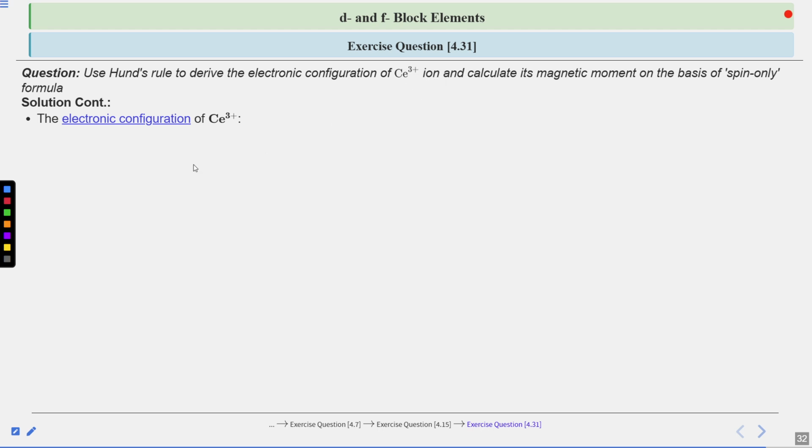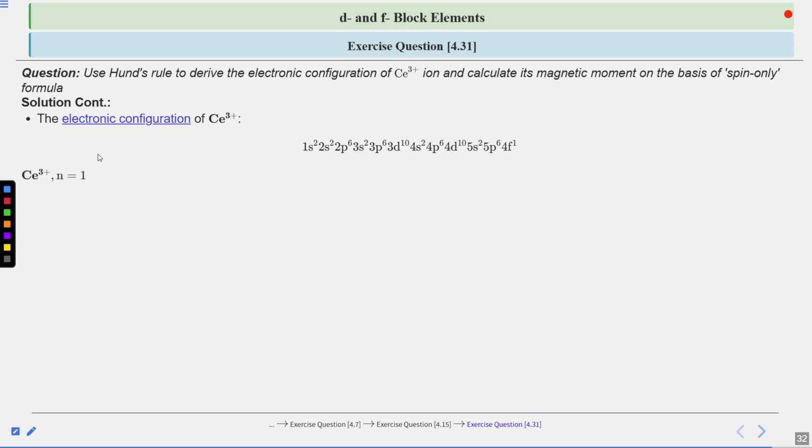You use the cerium configuration to determine the electronic configuration of cerium 3 positive by just removing its 3 outermost electrons, right? So the electronic configuration of cerium 3 positive will be 1s2, 2s2, 2p6, 3s2, 3p6, 3d10, 4s2, 4p6, 4d10, 5s2, 5p6 and 4f1.